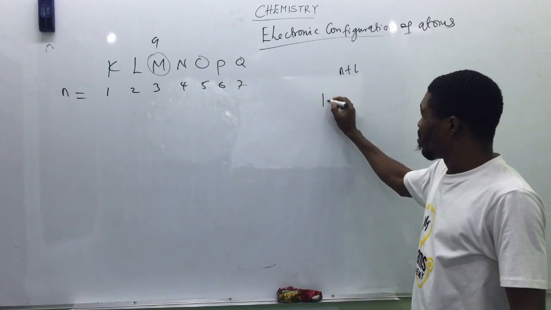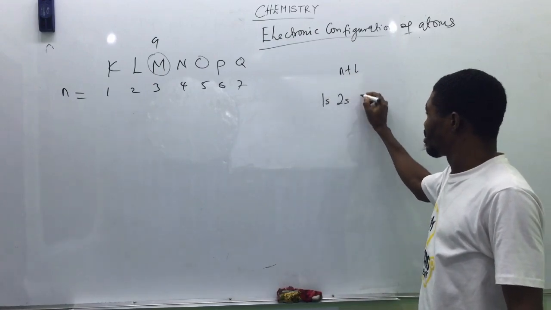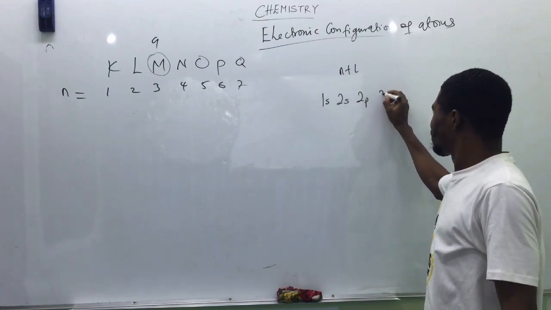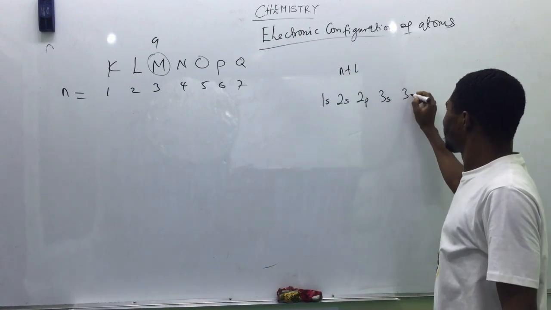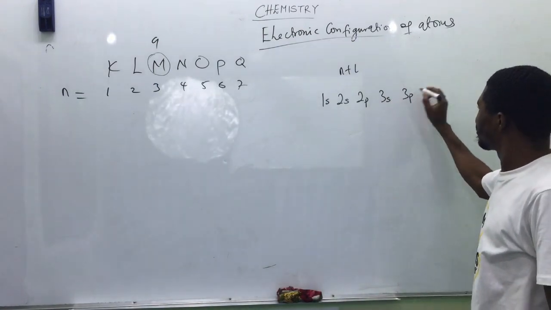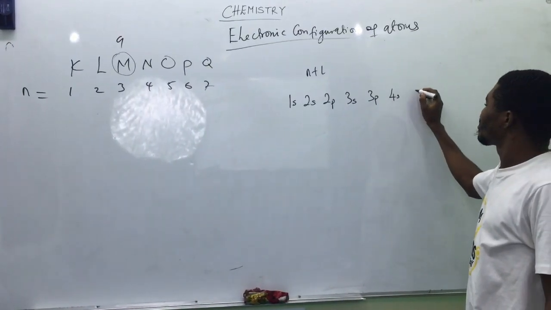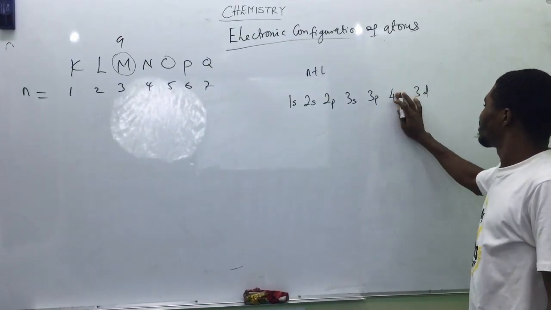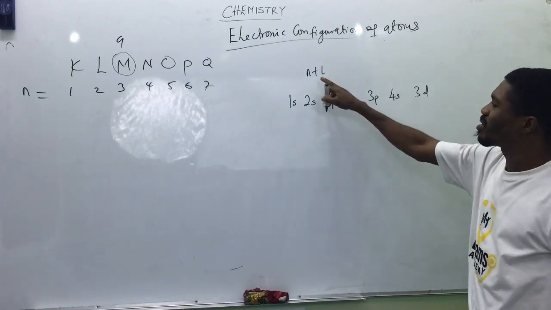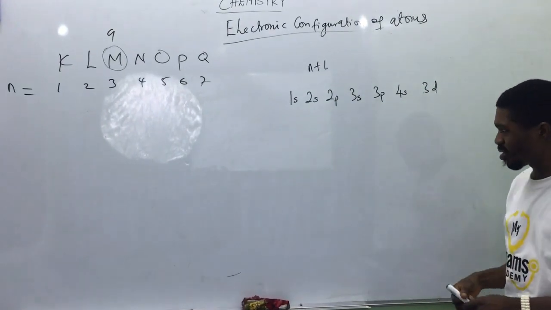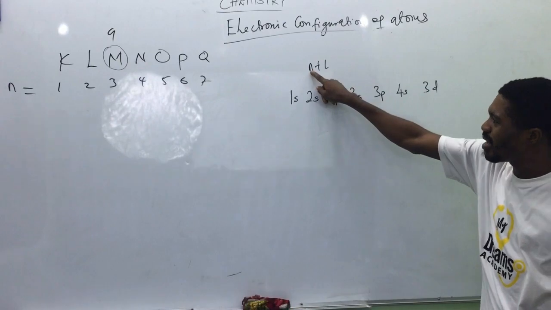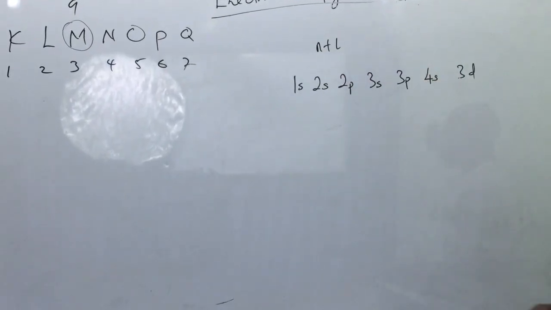So we have 1s, 2s, 2p, 3s, 3p, 4s, 3d. This is the arrangement of subshells in increasing order of n plus L value, the energy value.